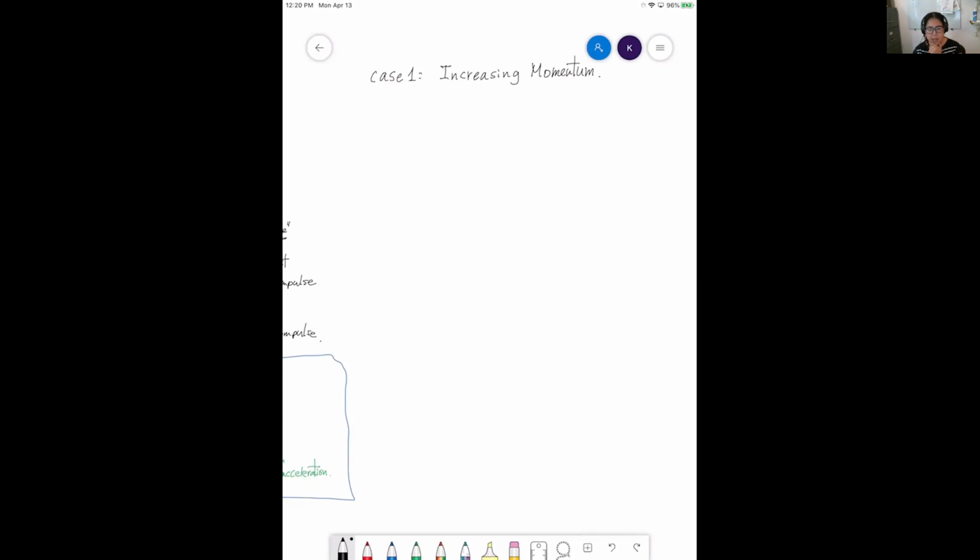Let's think about a case like you want to hit something. So let's say the baseball, right? The ball is coming towards you. Before the ball is hitting the bat, whatever velocity the pitcher has thrown the ball, it is moving with that velocity.